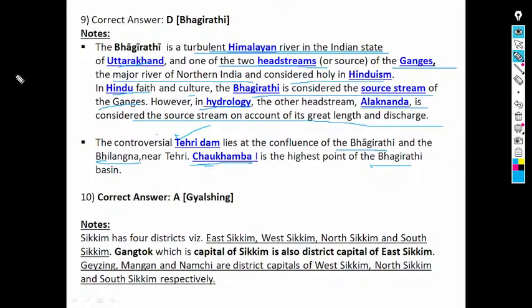If I draw the streams, this is the Ganga, this is Bhagirathi, and this is Alkananda. That is the meeting point.